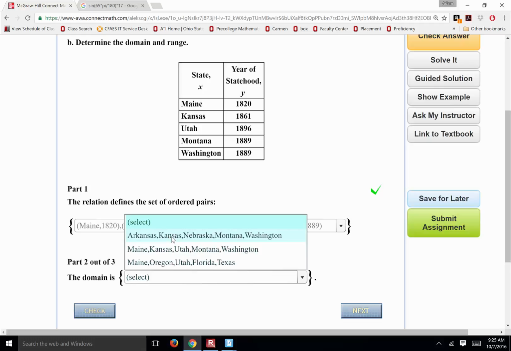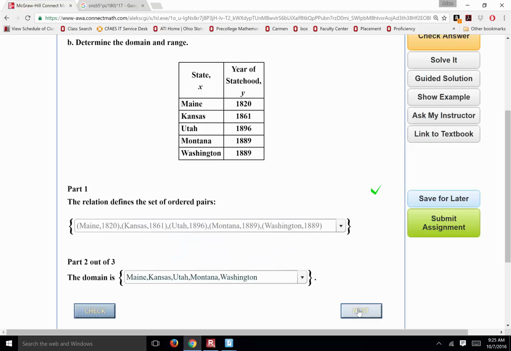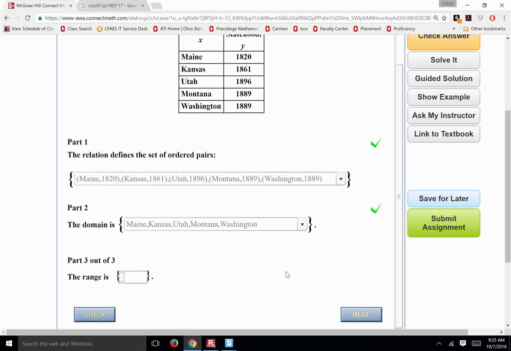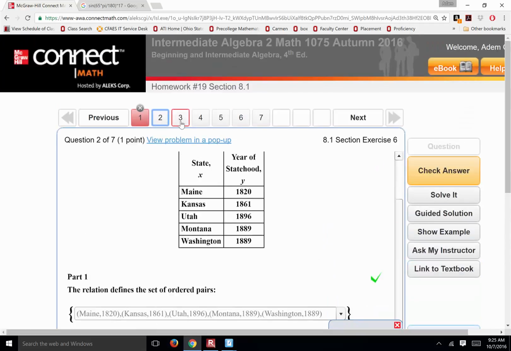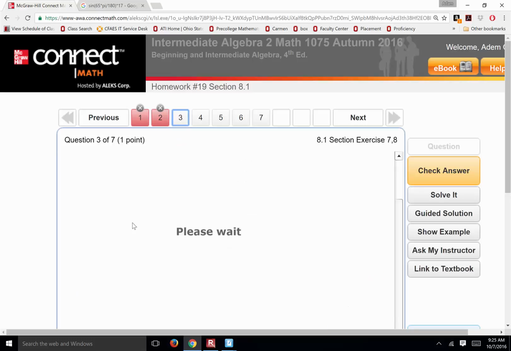What's wrong with the first? Arkansas is not in the list. Alright, you need to type this in. I'm skipping because they're easy, okay? But let me know. Any questions? Good?